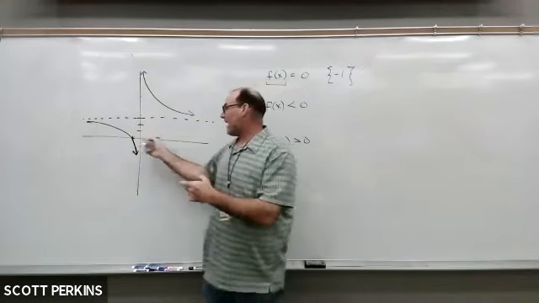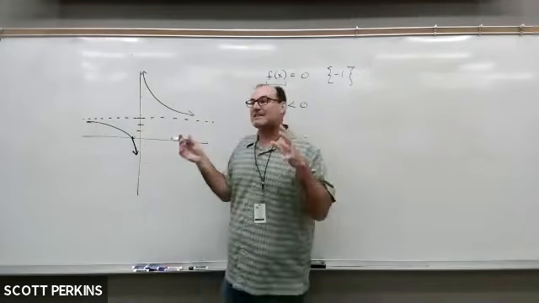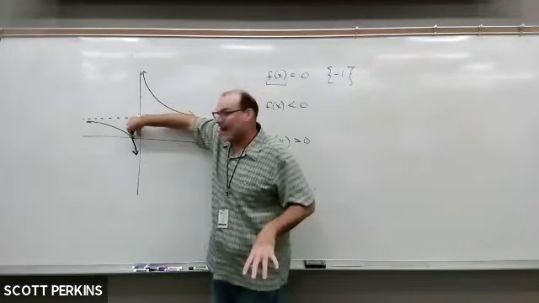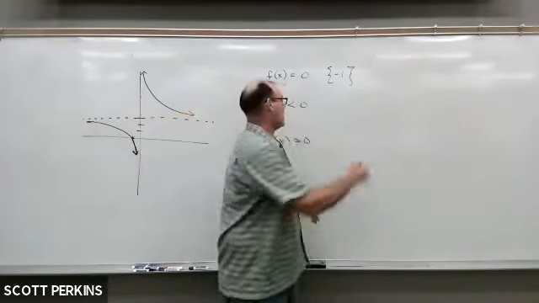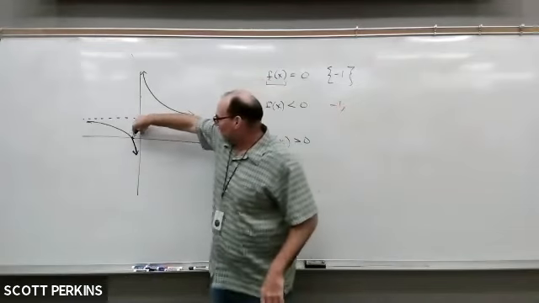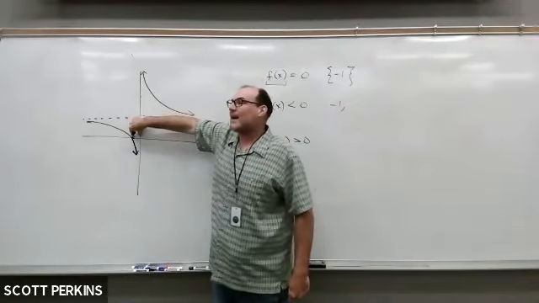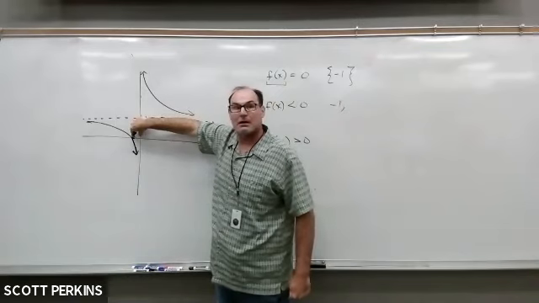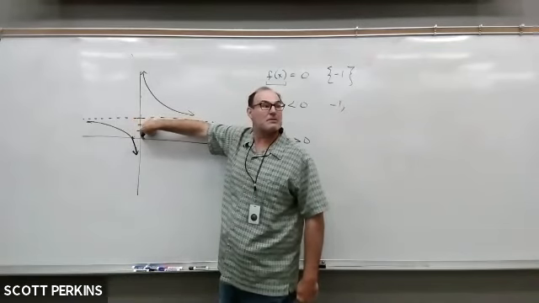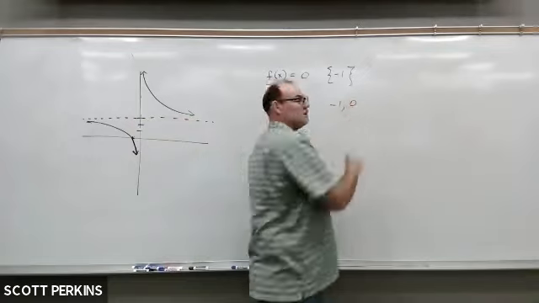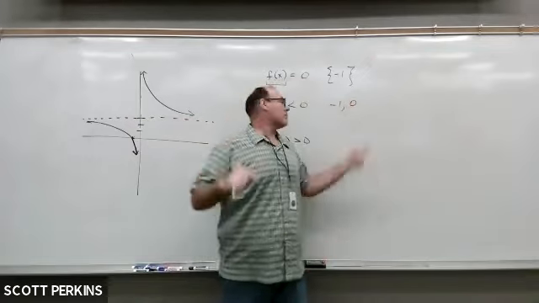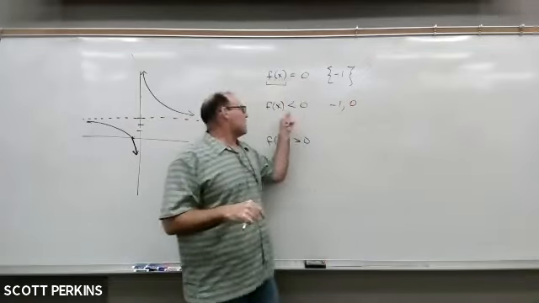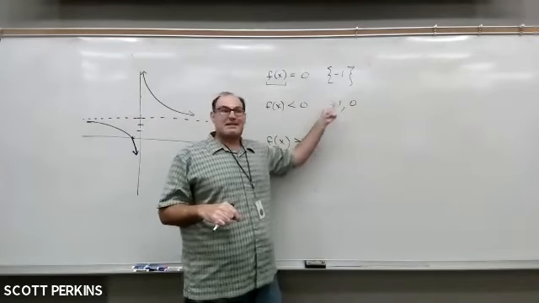So where does that start happening? What x values, what's the lower boundary that starts happening? -1. What's the upper bound? What's the x value where that stops happening? Goes all the way to the vertical asymptote, which is 0. So remember, this isn't a point because we have an inequality. This is a solution set.